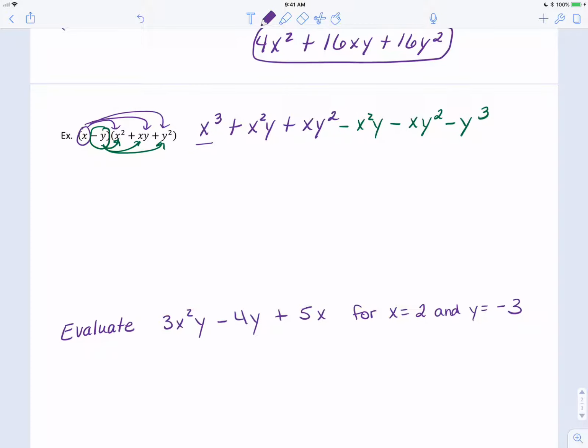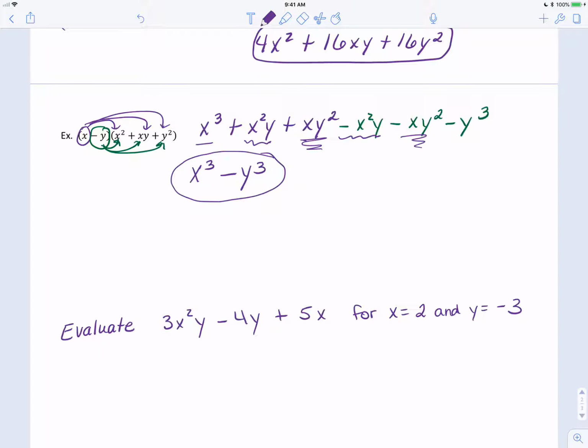Do I have any more x cubes? No. So x cubed is listed by itself. Do I have any more x squared y's? Oh, I have this one right here. Well, those are going to cancel out, leaving me with 0 x squared y's. What about xy squareds? Those cancel out also, leaving me with just the y cubed.